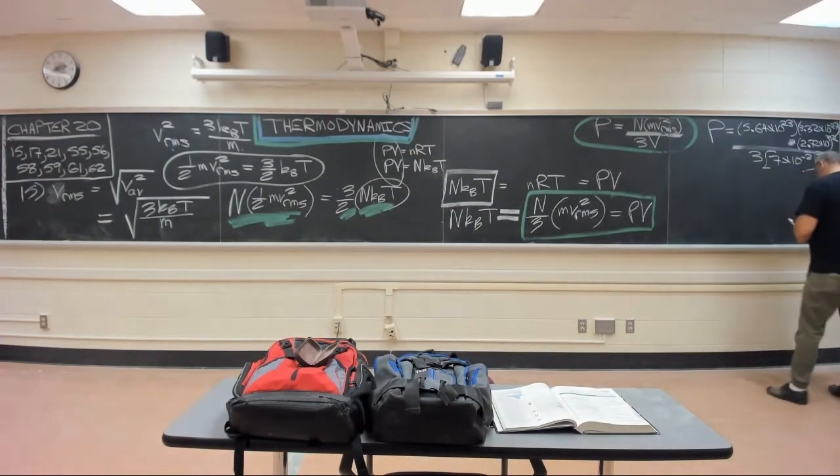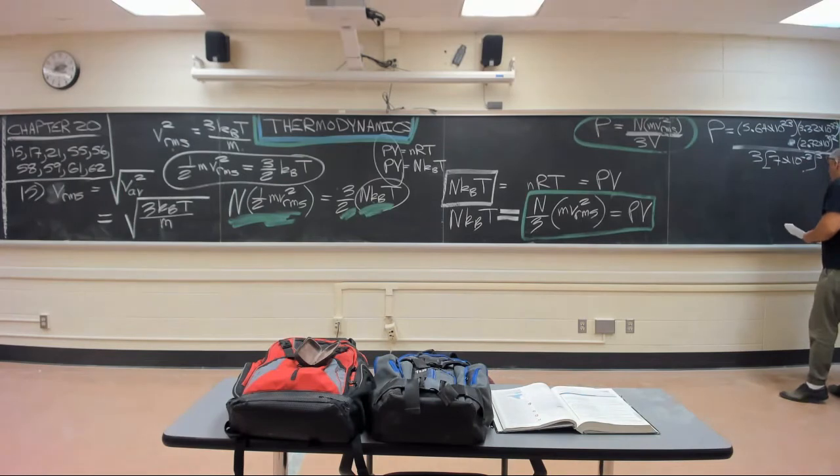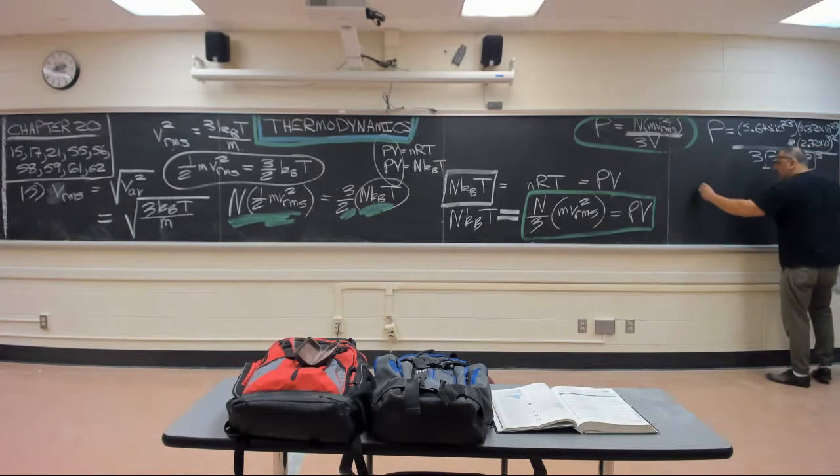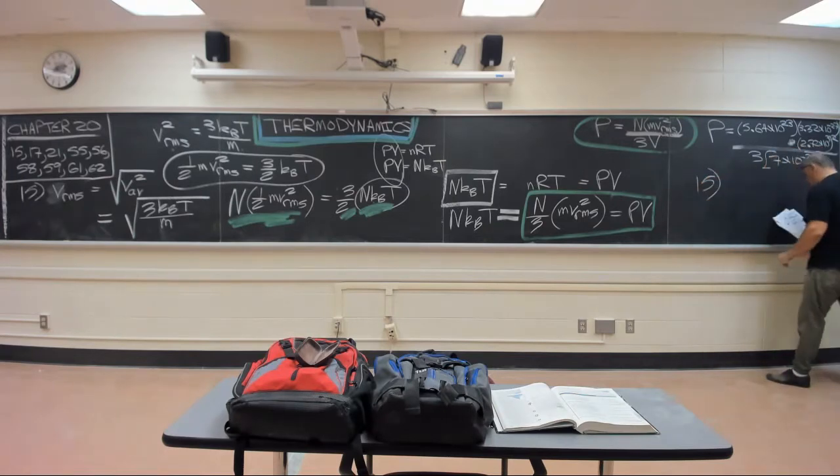So we play the game here. This is the side. It's length d. Length times width times height is d times d times d, which is d cubed. So that's the pressure. You work this thing out, guys, and you're in pretty good shape.